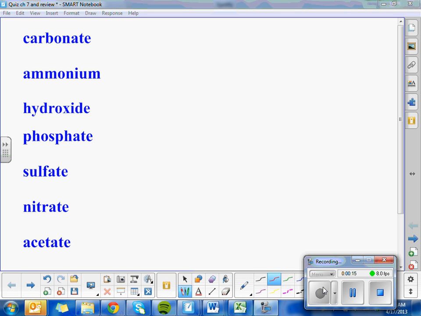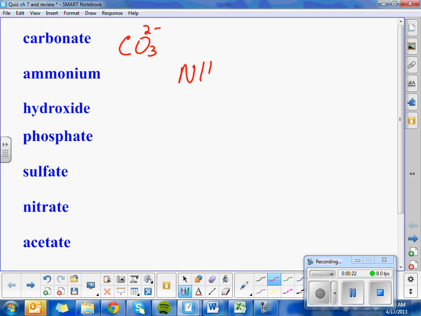So carbonate, CO3, it is a 2 minus. Ammonium, NH4, 1 plus. Hydroxide, combination of oxygen and hydrogen, is a 1 minus.